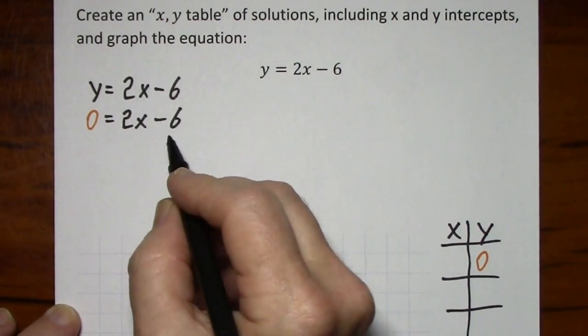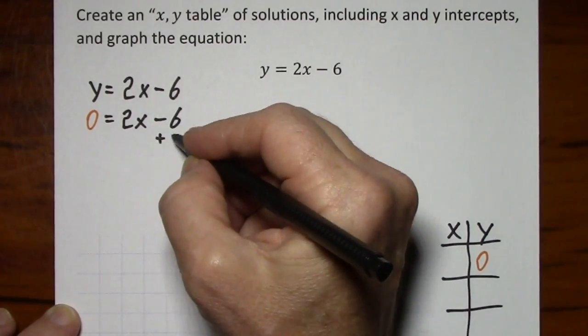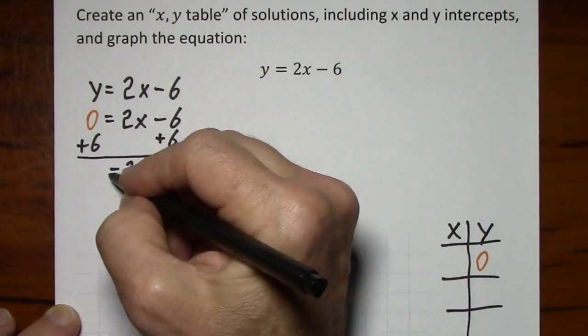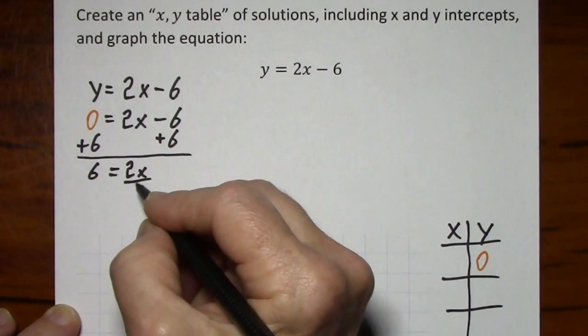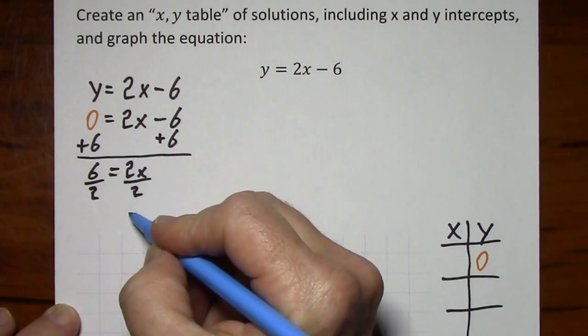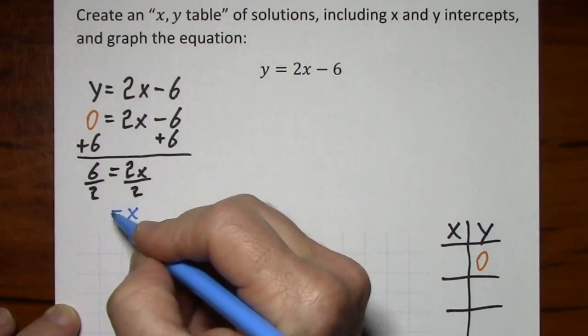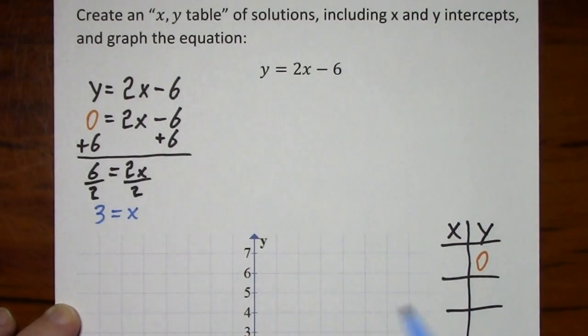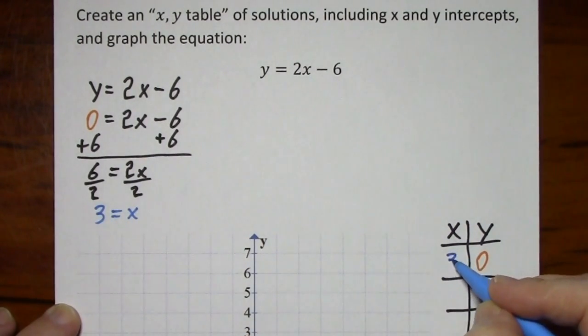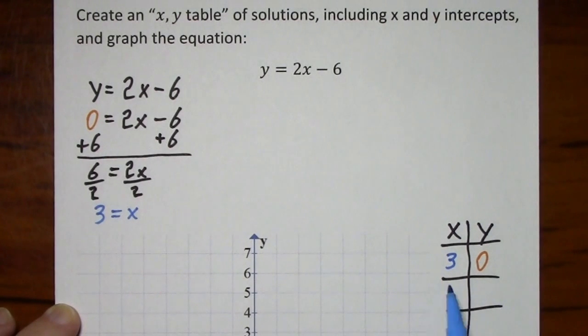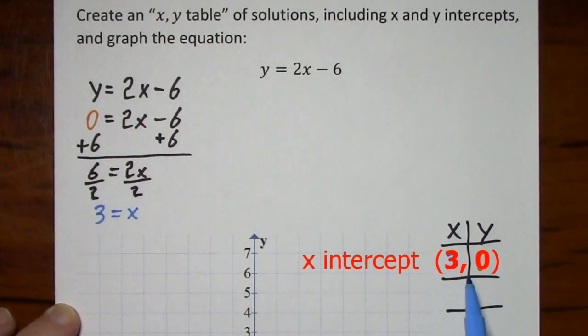Solving for x, so we have to get rid of this negative 6. Get rid of the 2. And we're left with x equals 3. So we put that on our chart. This gives us the x-intercept, 3 comma 0.